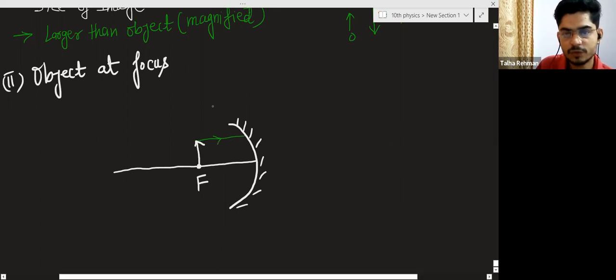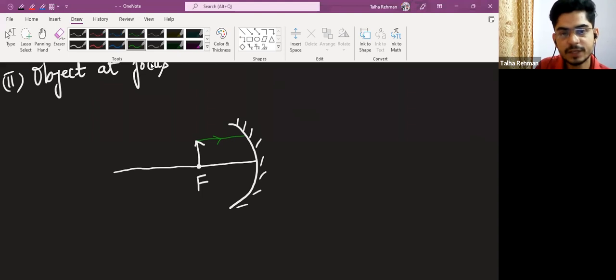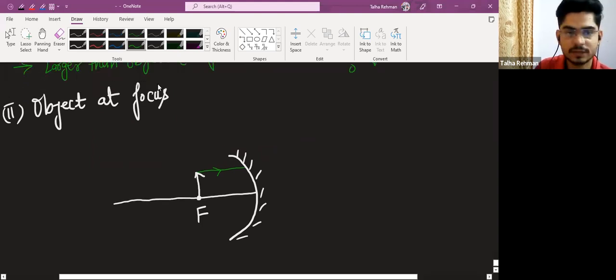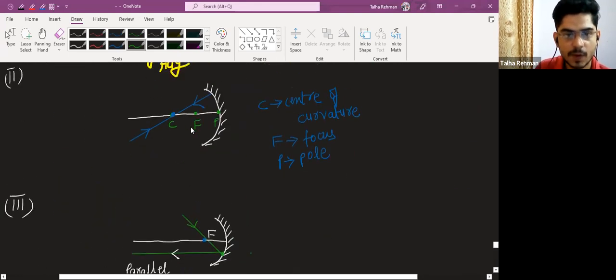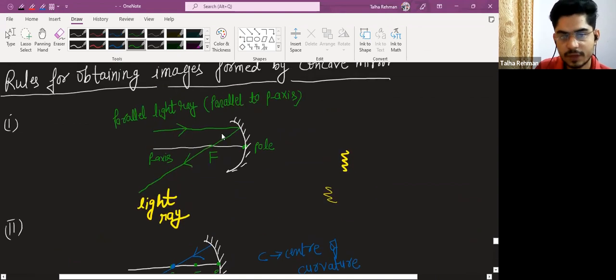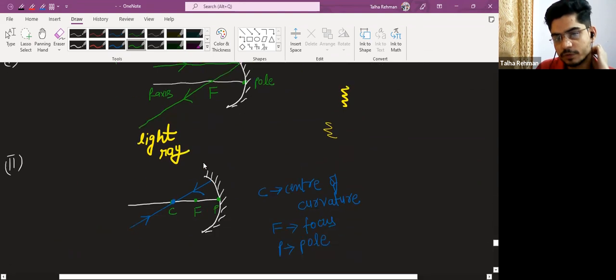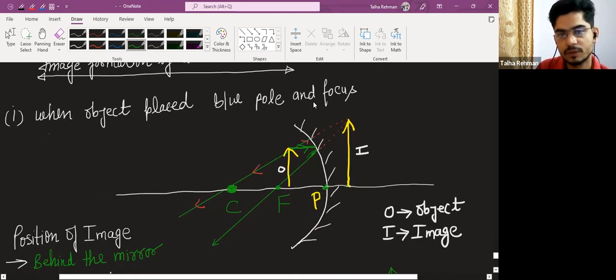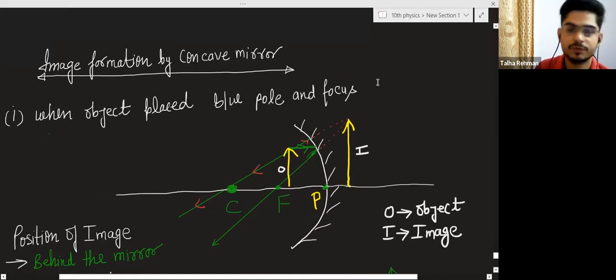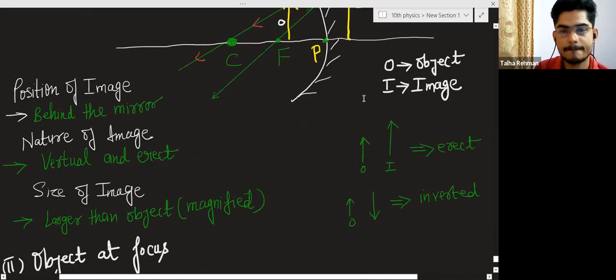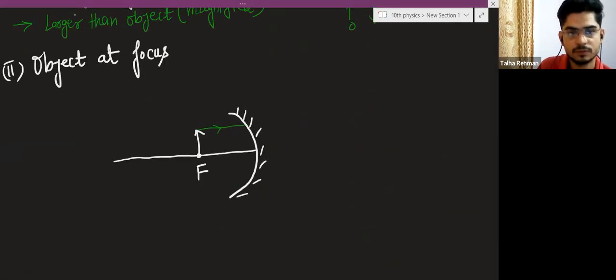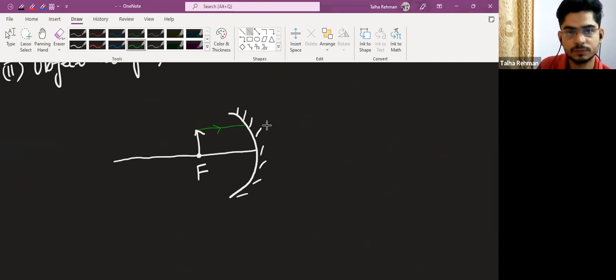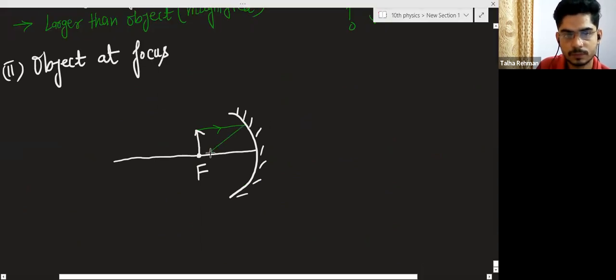So we know that when the light ray is parallel to the principal axis, it will pass through the focus. It will pass like this.